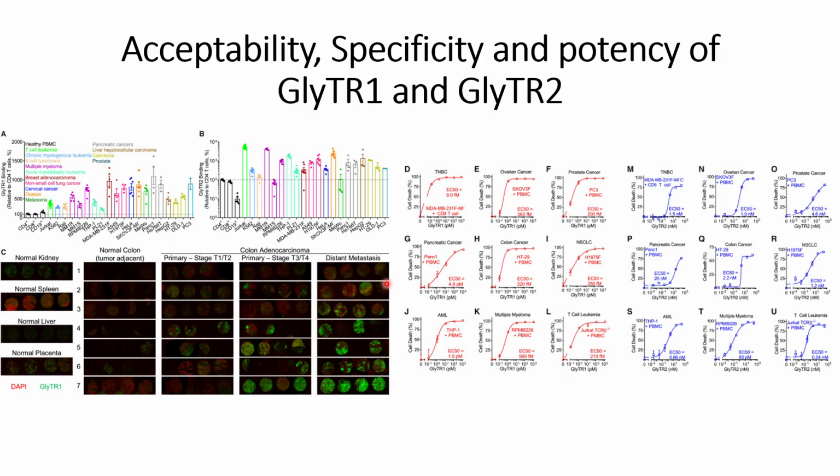Afterwards, once they validated the specificity of GlyTR1, they checked the potency, or the cell death efficacy, of both GlyTR1 and GlyTR2 on different cancer cell lines. In two cases, panel D for GlyTR1 and panel M for GlyTR2, they used CD8 plus T cells, whereas for all the other cases they used PBMCs along with the cancer cells and GlyTR1 and GlyTR2.